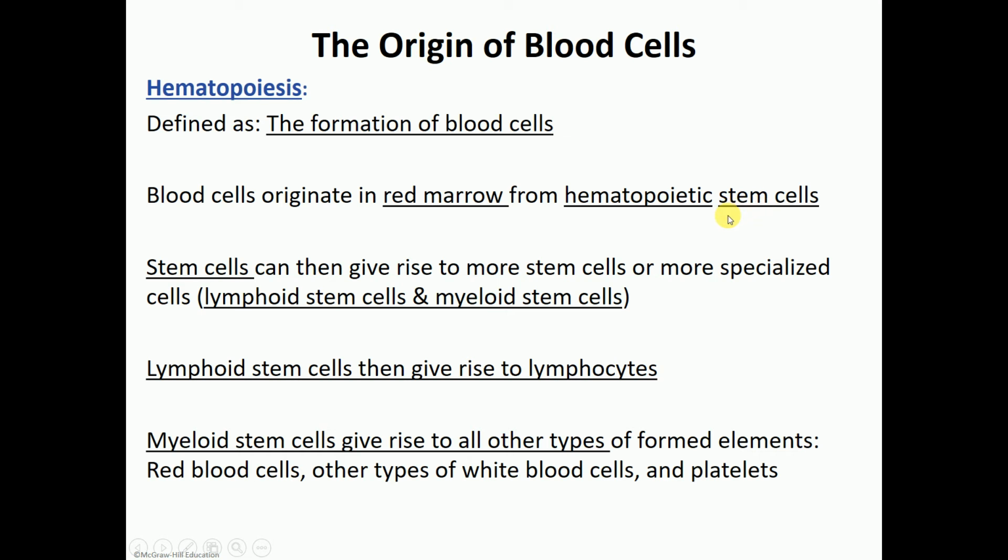Now, these hematopoietic stem cells are going to specialize, meaning that they're going to mature a little bit and grow up a little bit and make more specialized stem cells called lymphoid and myeloid stem cells. Lymphoid stem cells are going to give rise to lymphocytes only, while the myeloid stem cells will give rise to all of your other kinds of cells.